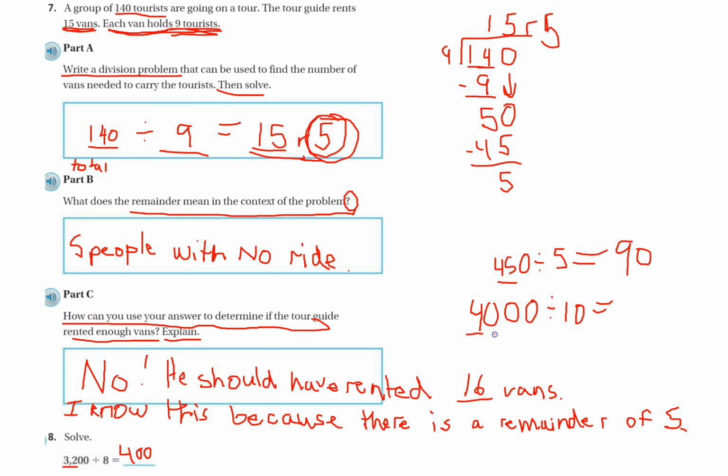We have to use the 40. 10 can go into 40 4 times, but then we can't add all 3 of these zeros because I used one of these zeros when I looked at the number 40. So really I only ignored 2 zeros, so I add 2 zeros to the end, and it becomes 400.